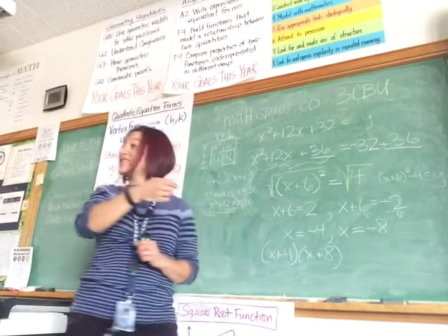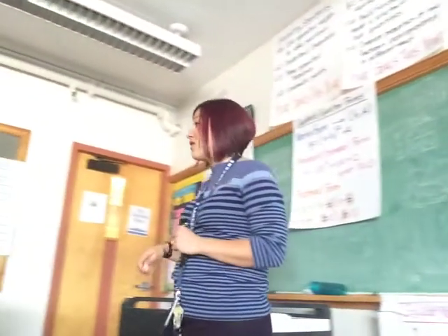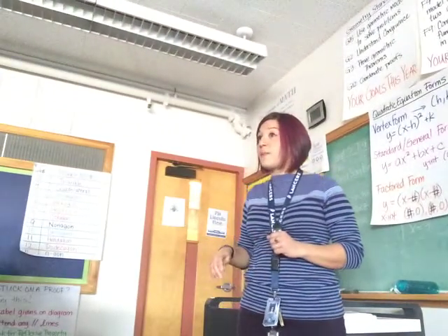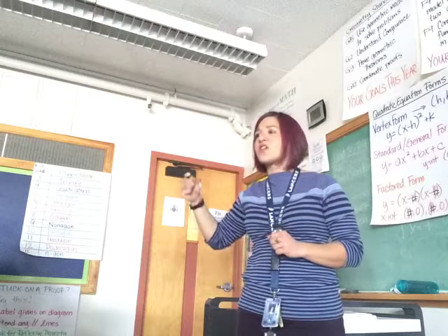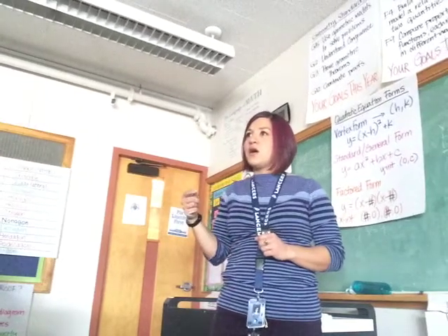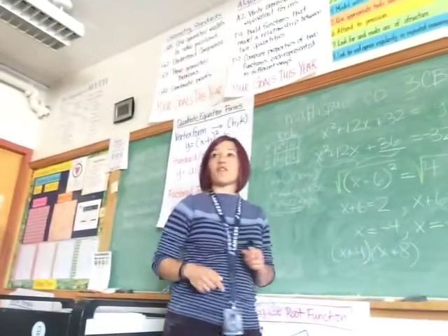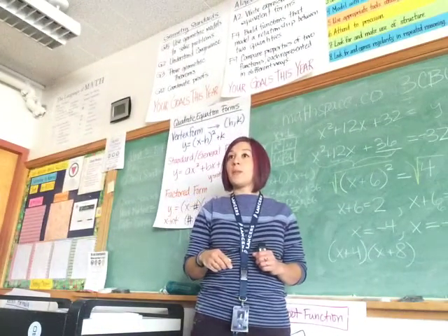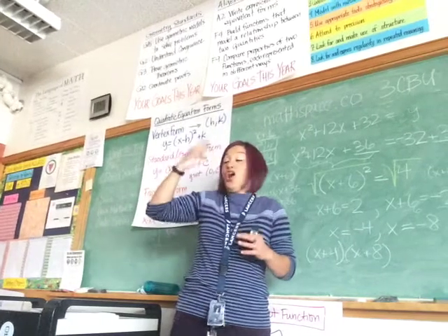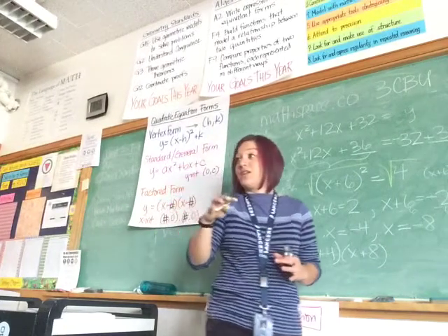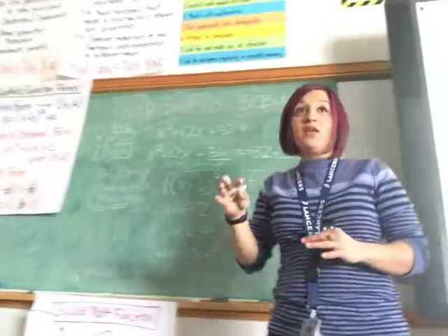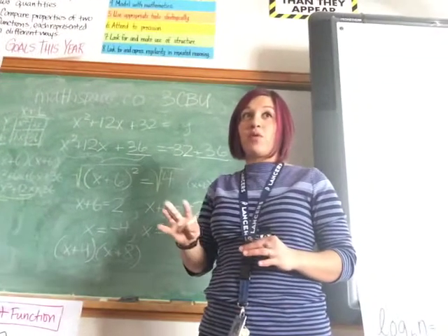So I could do this instead of using the formula. Remember the vertex formula, negative b over 2a? Instead of using that formula, I could just do completing the square to get my vertex form. It's all connected. Does that make sense? Would we like to see one more example?